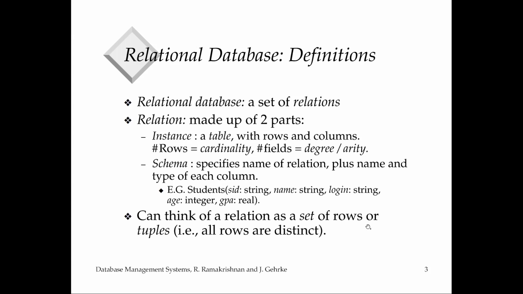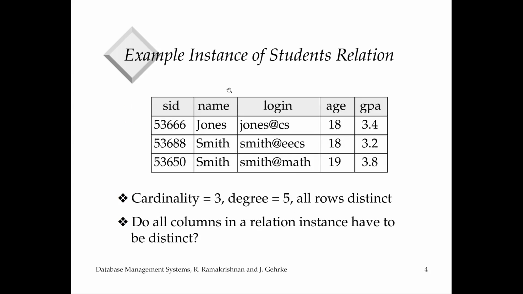So you can think of a relation as a set of rows or tuples where all rows are distinct. We'll come back to this in a bit. So again, this is an instance of the student relation.